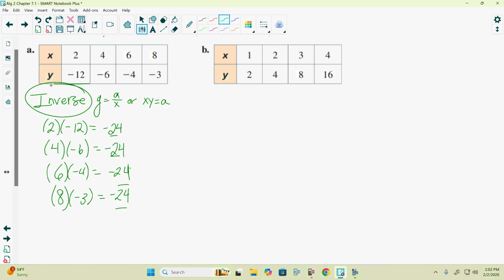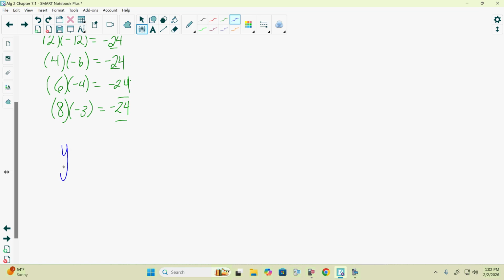Questions on this here? Now that also tells us what the equation is, because y is equal to a divided by x. It told us the value of a is negative 24. So the actual inverse variation equation for this is y equals negative 24 over x. Now this problem here did not ask us to find the equation.